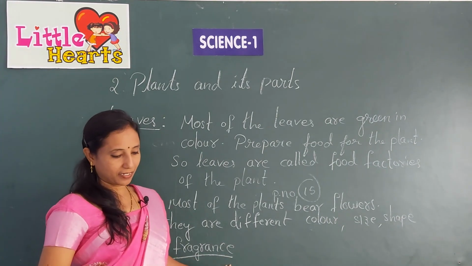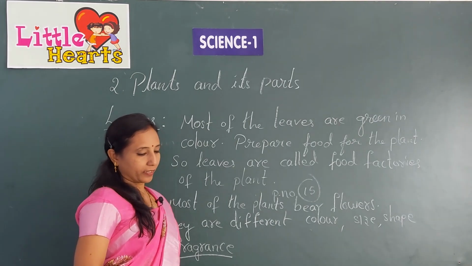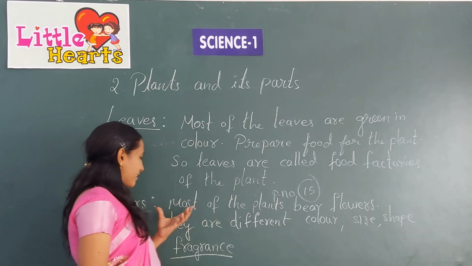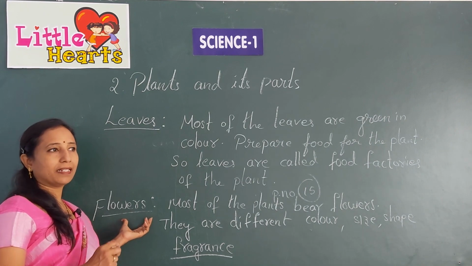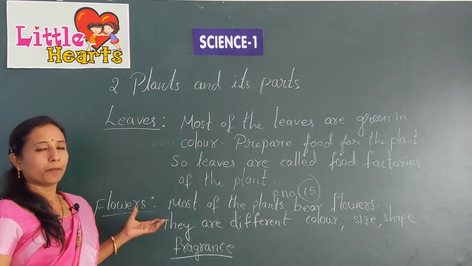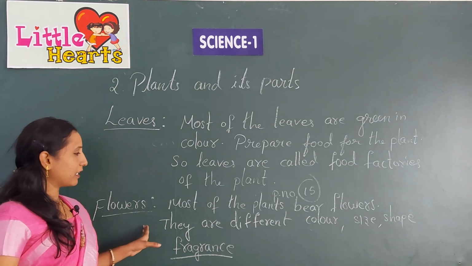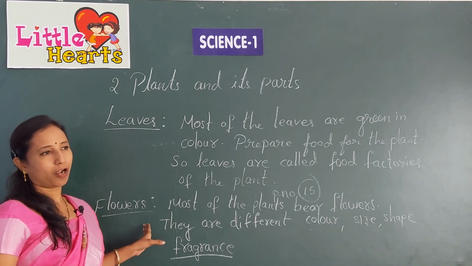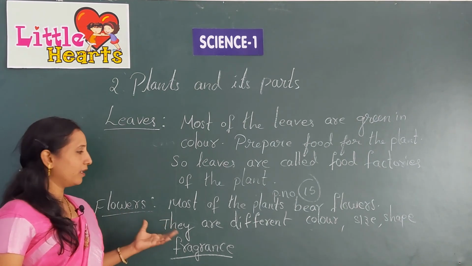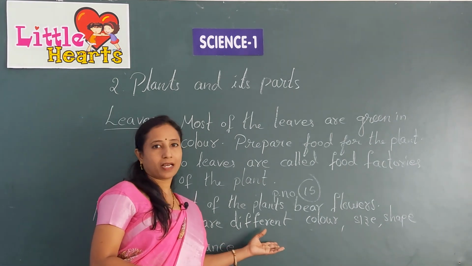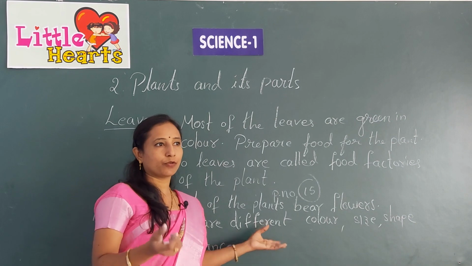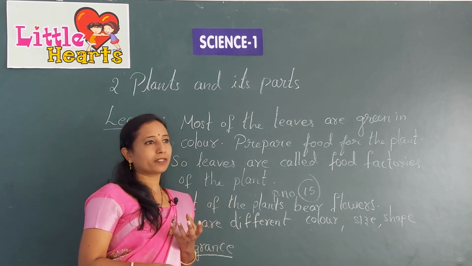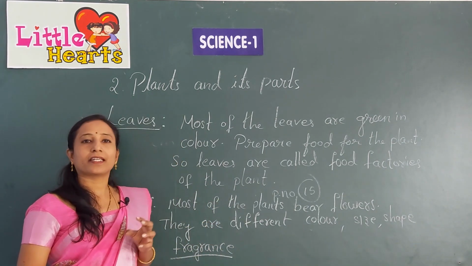Okay, then these flowers, after they bloom on the trees, what will they turn into? Not most of the flowers, a few flowers. For example, mango flowers, banana flowers, papaya flowers, then chiku, all the fruit giving plants, first they give flowers.